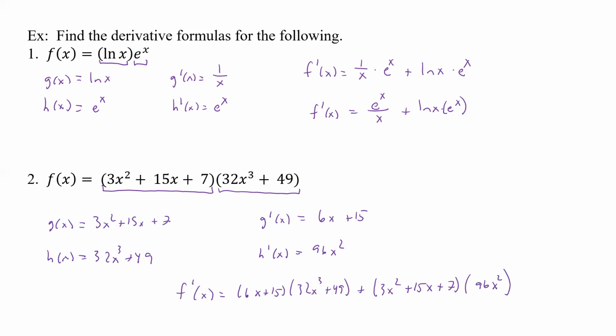Okay, and you could distribute, multiply, and then add everything together, but there's no reason. We'll just leave it in our format here. That way we know which ones are the g primes, the h primes, the f's, and g's, so we don't have to take it any further here. So that would be where I would stop. All right, I'll stop there and then I'll come back with more.